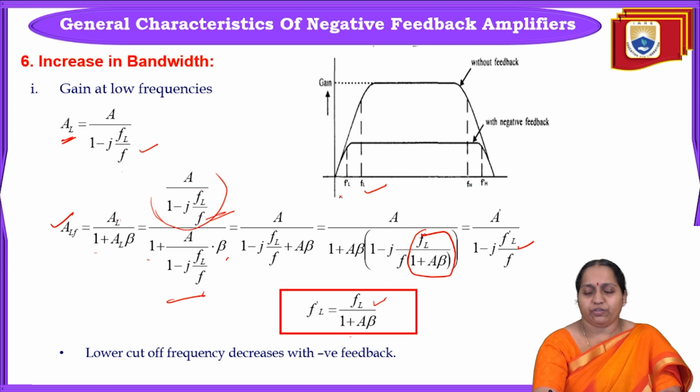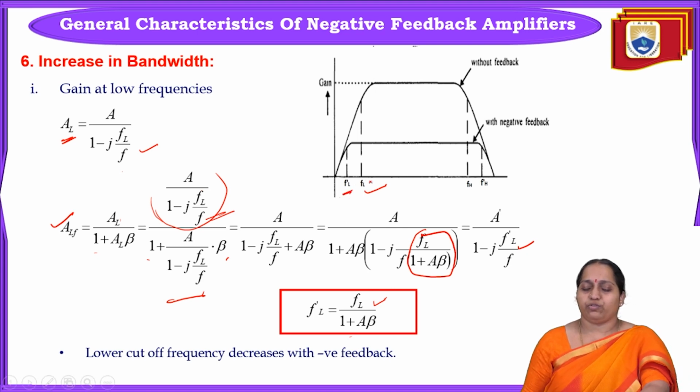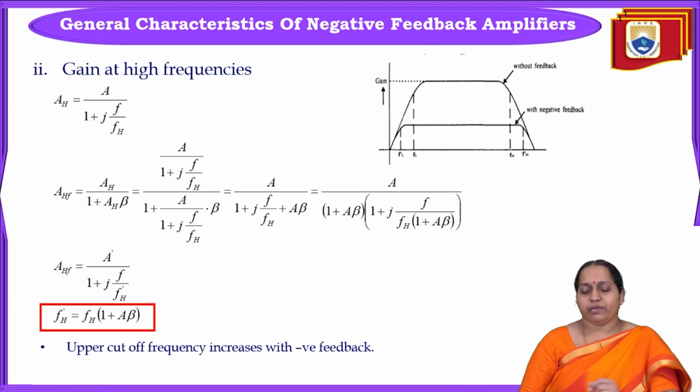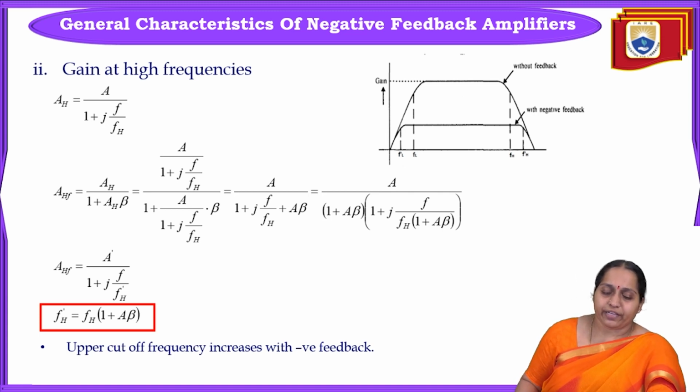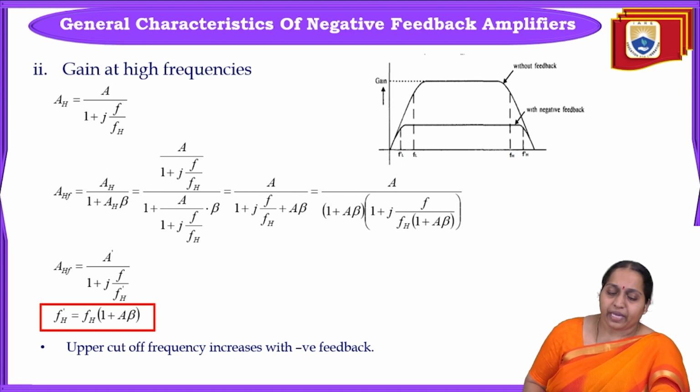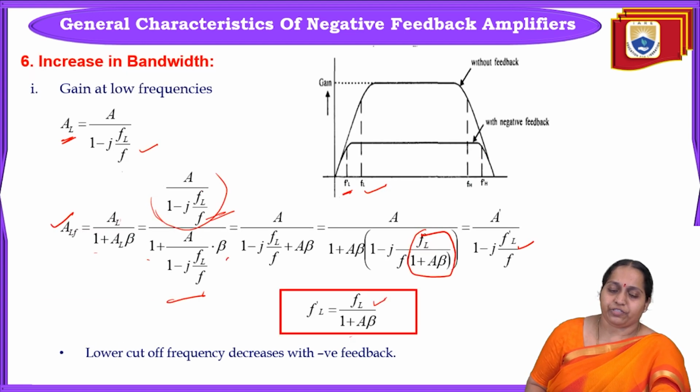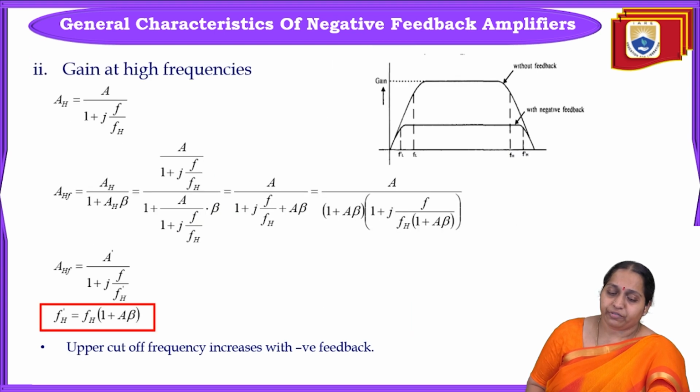So when you take feedback into consideration, what is happening? Lower cutoff frequency is reduced by a certain amount. So FL dash will be less than FL. So similarly at higher frequencies, now FH will be more. Okay, we'll just see. AH at higher frequencies gain is given by A by 1 plus j into f by FH. At lower frequencies it was A by 1 minus j into FL by f.